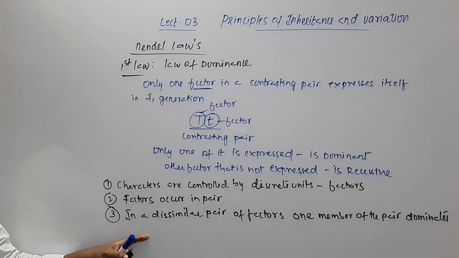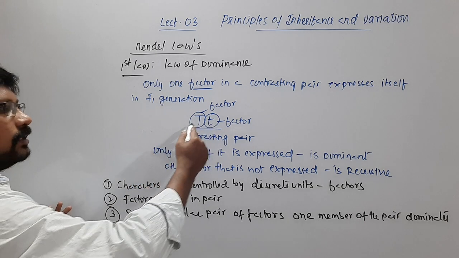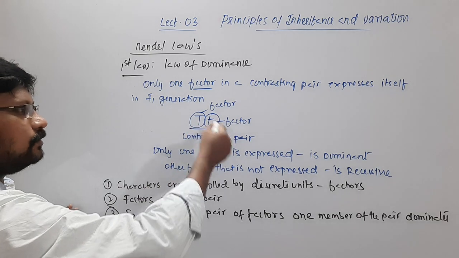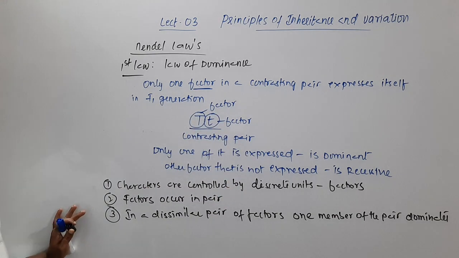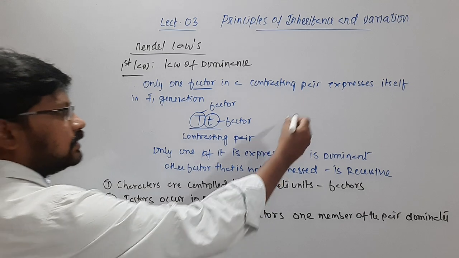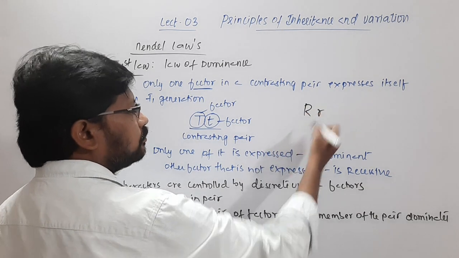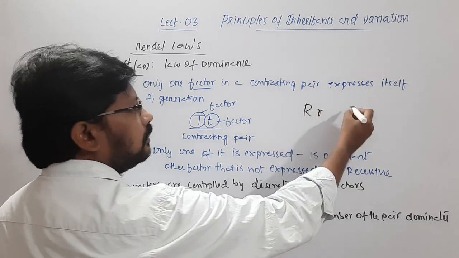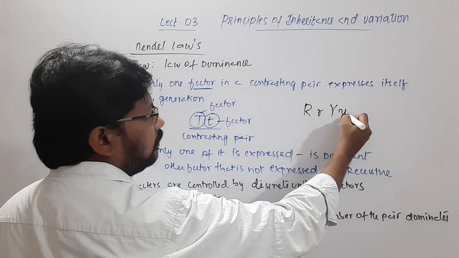Here these two are dissimilar, and out of these two, one member will be dominating and the other one will be recessive. You can take capital R, small r, or capital Y, small y.